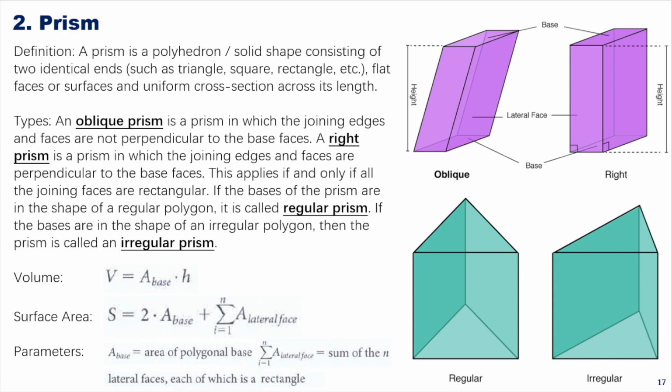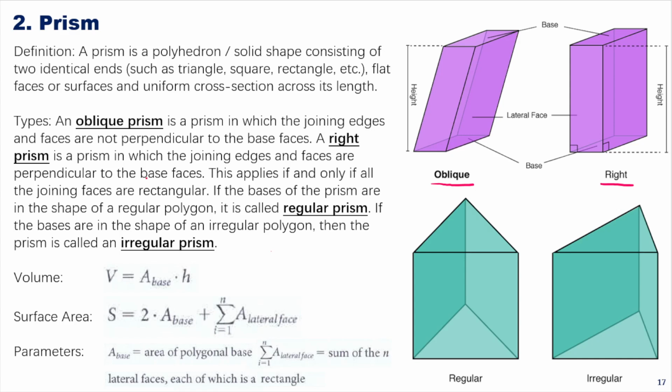For example, in the diagram on the right, this is an oblique prism and this is a right prism. This applies if and only if the joining faces are rectangular.